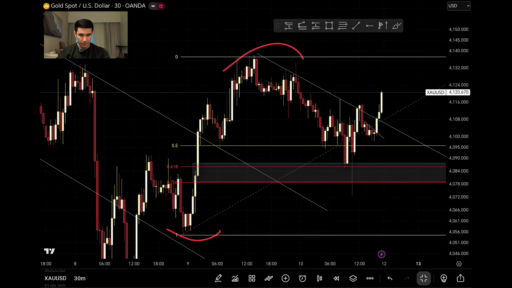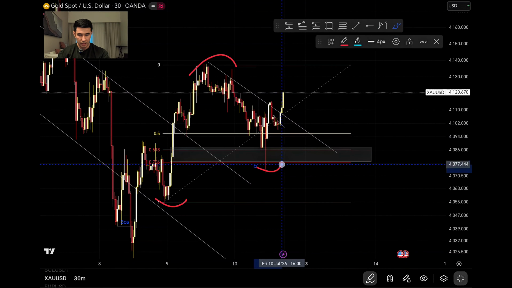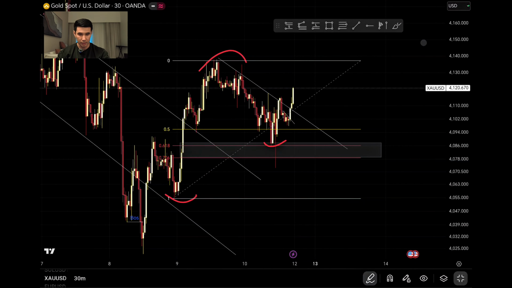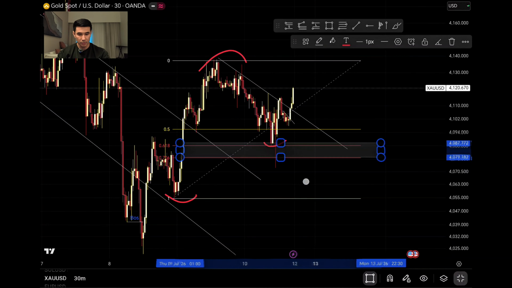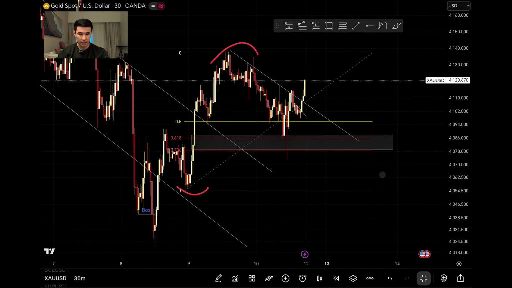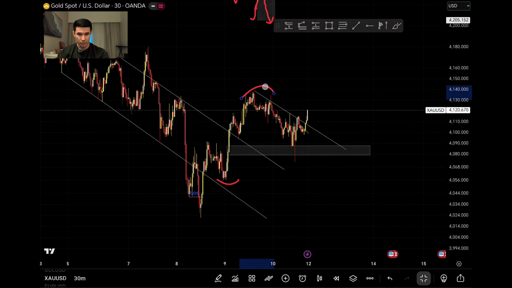You know what I'm saying? It's just a wick, and the body is closing on the top of this golden zone, so it means Fibonacci is still working. If it closed below this golden zone, then we can say it didn't work, but now it closed above this golden zone, so it is working.